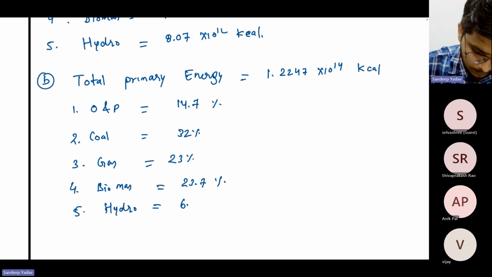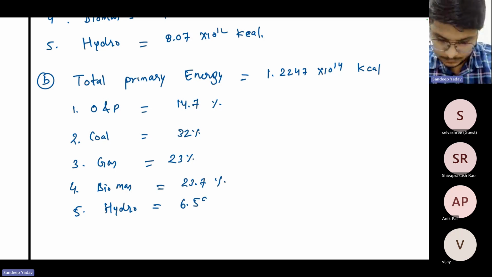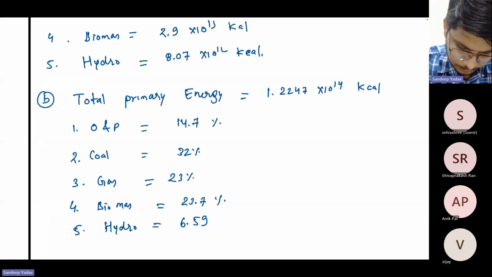It's just simple. I will calculate it here for hydro. If you see, total generation is this, hydro is this one.